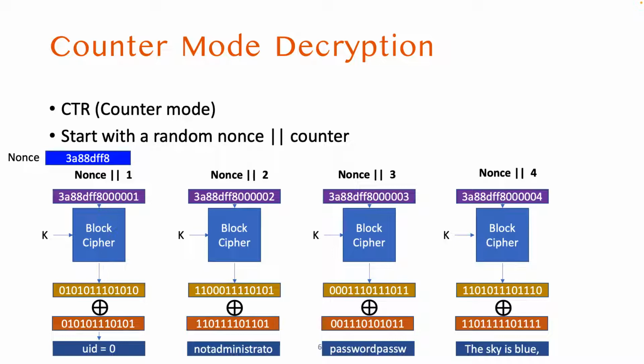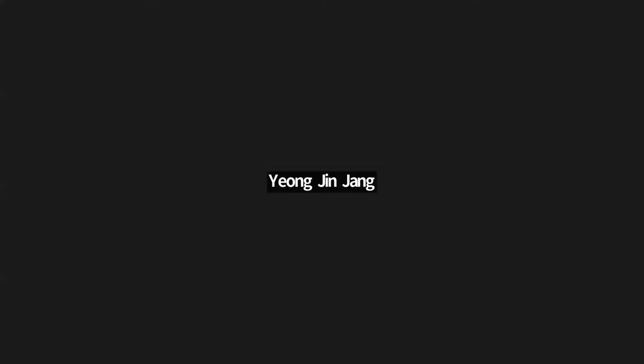Directly manipulating the ciphertext results in direct manipulation of the plain text. I will demonstrate that vulnerability with the terminal. In CTR mode, although CBC gives a little bit of benefit to attackers, CTR gives full freedom to the attacker. I will show how it goes.